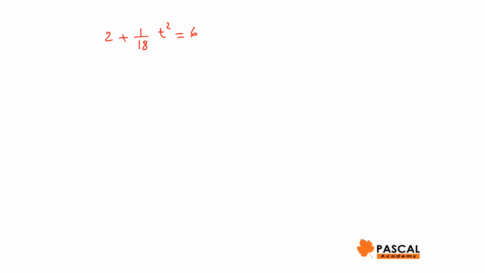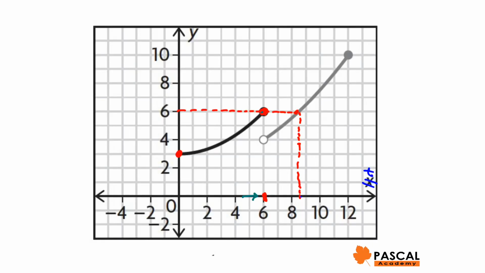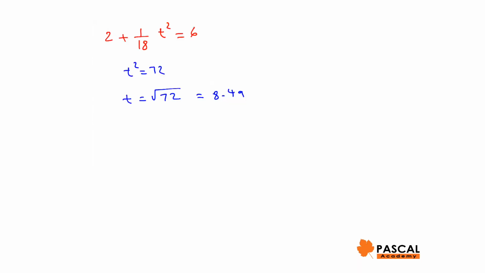This is a simple equation. t² equals 72, t equals the square root of 72, which is 8.49. As we guessed here, it's around 8.49 years.